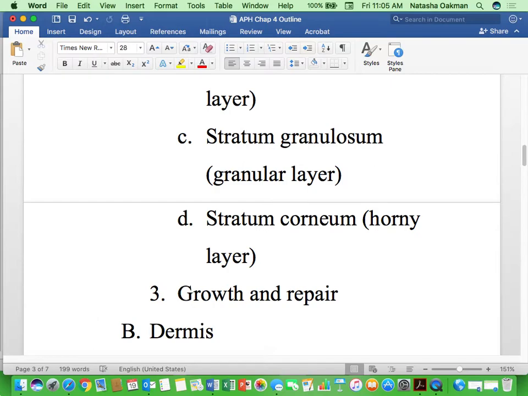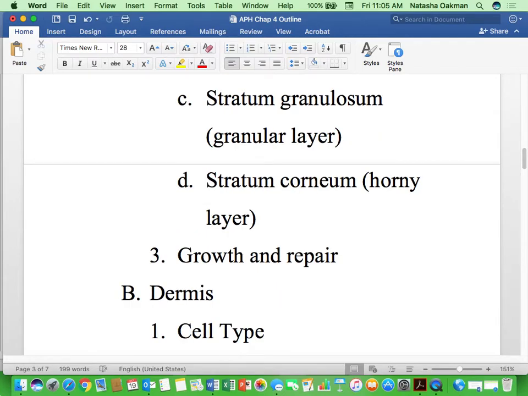So the dermis is the inner layer of the skin. If you wear anything that's leather, it's the dermis of the animal that it came from. So we said that the dermis is connective tissue.